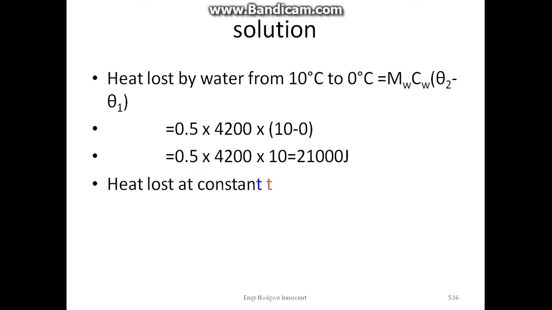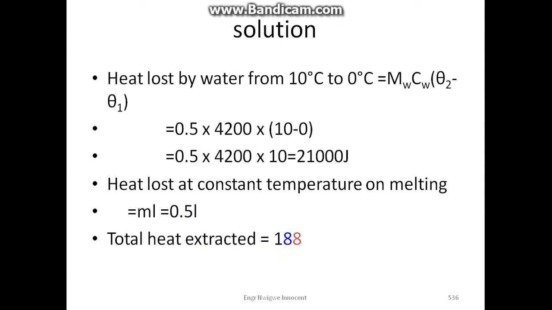Heat lost at constant temperature of melting is mL, which equals 0.5 L. Total heat extracted, 188,000, equals 21,000 plus 0.5 L.